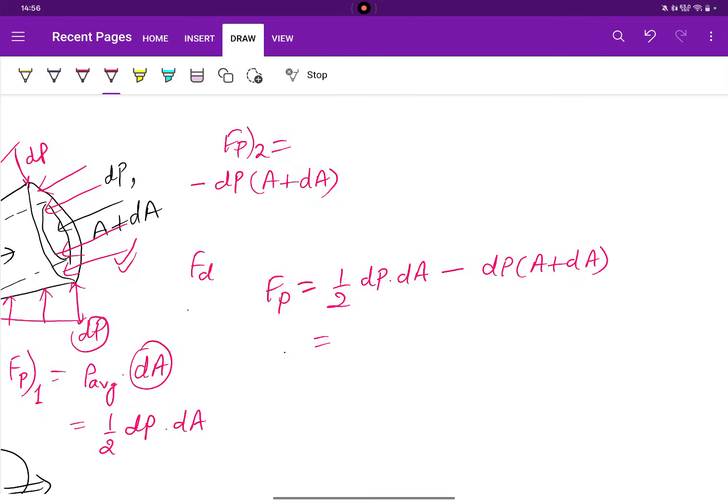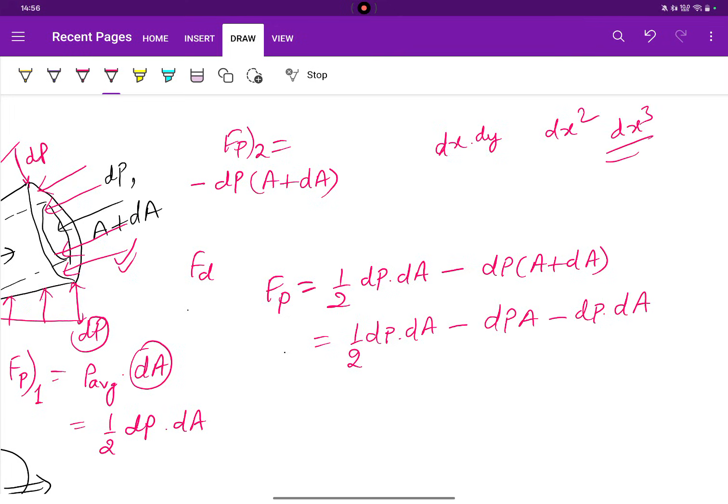Now tell me one thing. What I'm going to do here is, you must have done the binomial theorem, right, where higher order terms are neglected. Whenever, let's say, dx dy is there, or dx square or dx cube is there, or in binomial you consider h cube, you neglect it.